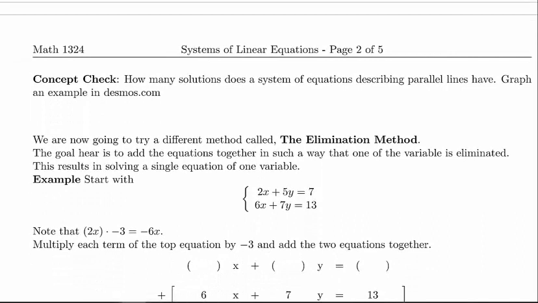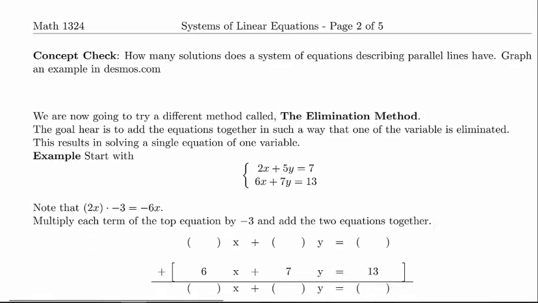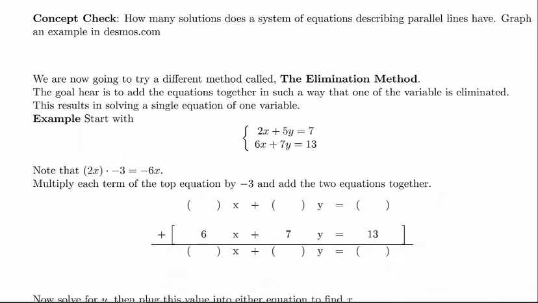So now let's go ahead and look at a method called the elimination method. The goal here is to add equations together in such a way that we begin eliminating variables.